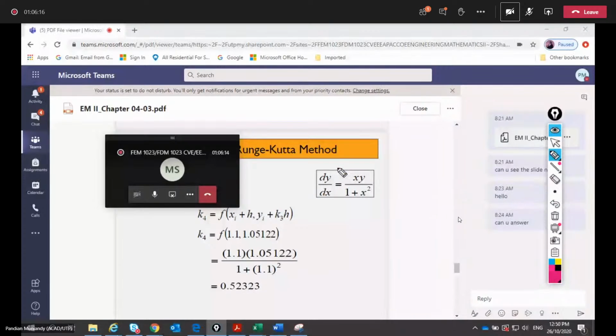Now the calculation is using this formula. You have to calculate x is 1.1. This is x. This is your y, 1.05122. 1 plus 1.1 squared. So you should be able to get 0.52323. Can you verify this, please?